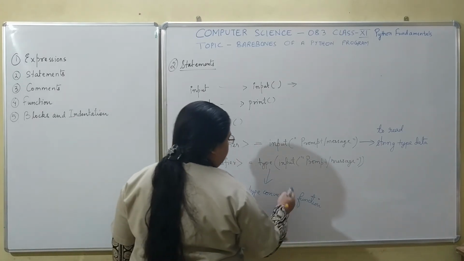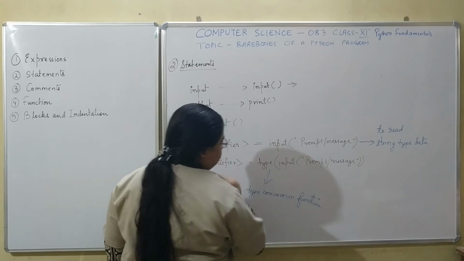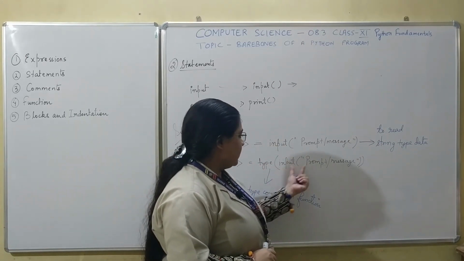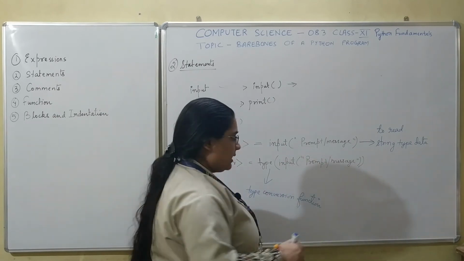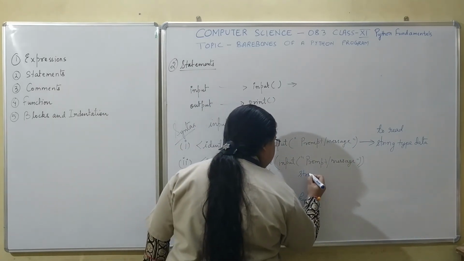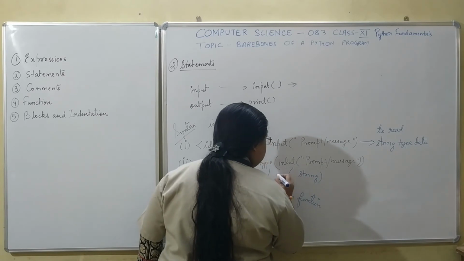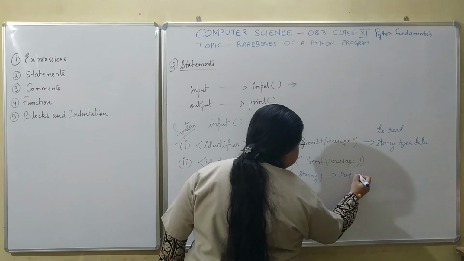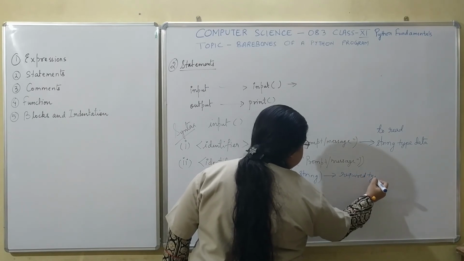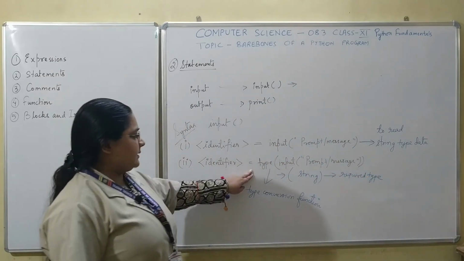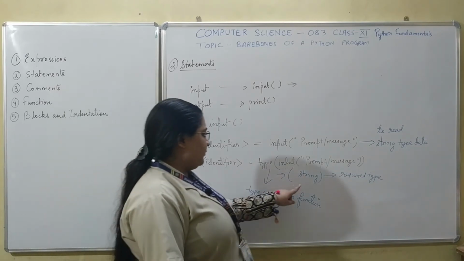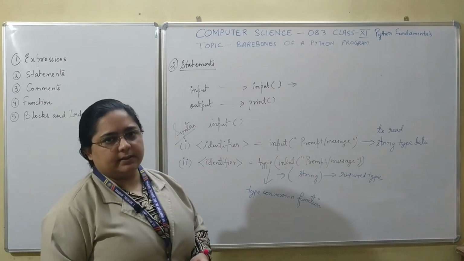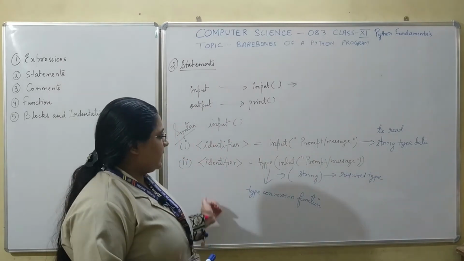So for that type we would be needing a conversion function which would first allow input function to read the value from the user, which will be in the form of string, and then this function would be converting this into the required type. This type conversion function here would be converting this string object into any required type. So let us see an example of this.